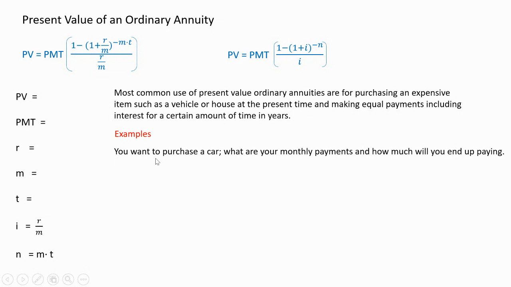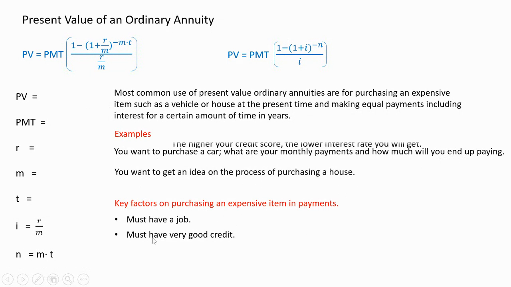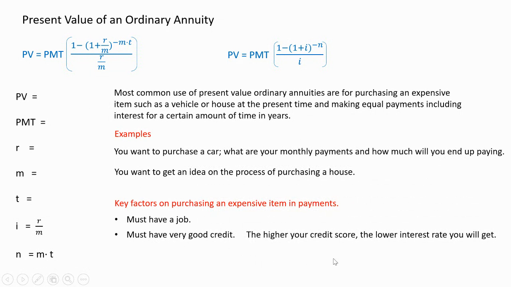For example, you want to purchase a car. What are your monthly payments and how much will you end up paying? You want to get an idea of the process of purchasing a house. Key factors to purchase a house or an expensive item: you must have a job, and you must also have good credit. The higher your credit score, the lower the interest rate you will get, which is better when purchasing a house or an expensive item.